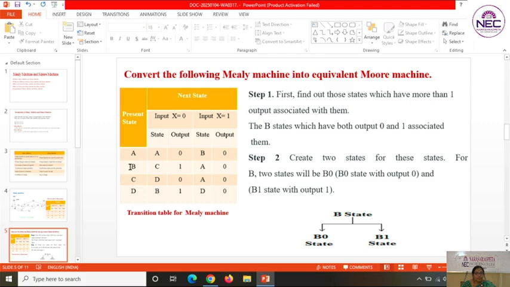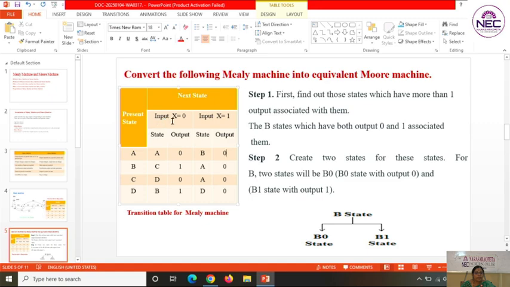If check B state, x is equal to 0 input, the B state output is 1 and x is equal to 1 input, the B state output is 0. So, B state has two different outputs. If input x is equal to 1, B state output is 0.